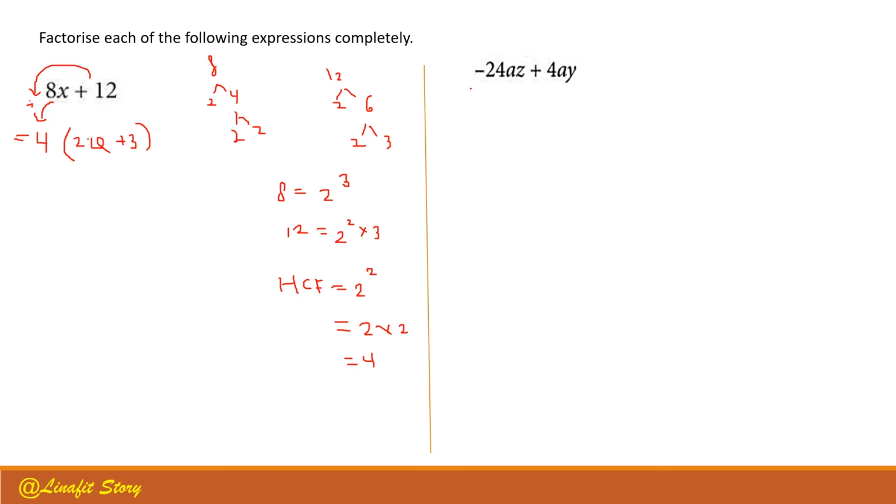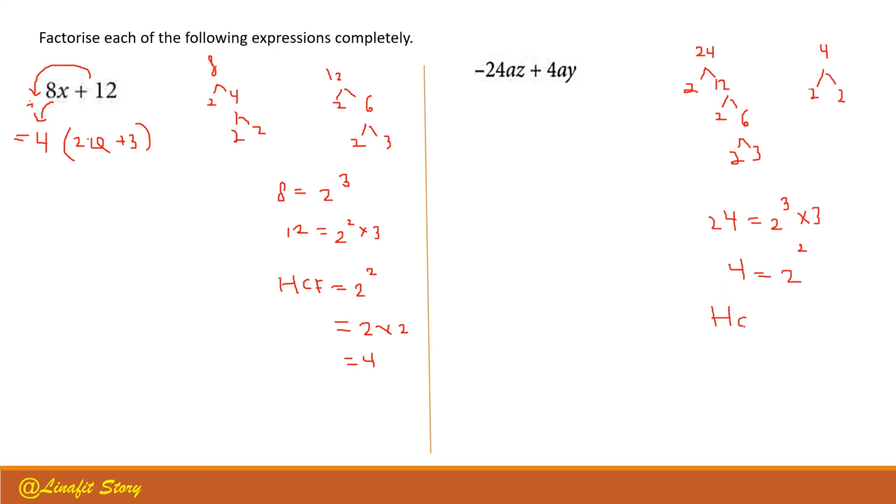Next, negative 24az plus 4ay. 24 divided by 2 is 12, divided by 2 is 6, divided by 2 is 3. 4 divided by 2 is 2. So 24 is 2 cubed times 3. 4 is 2 squared.